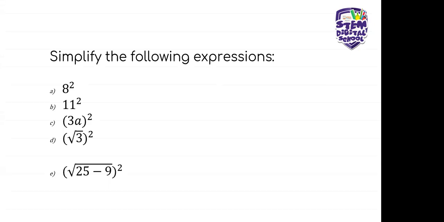And then alternatively, you can just say this is 3A multiplied by 3A. Remember, in mathematics, we always say there are many ways to solve a problem. There are different ways. So you don't have to follow the same method. You know, one can use a different method.